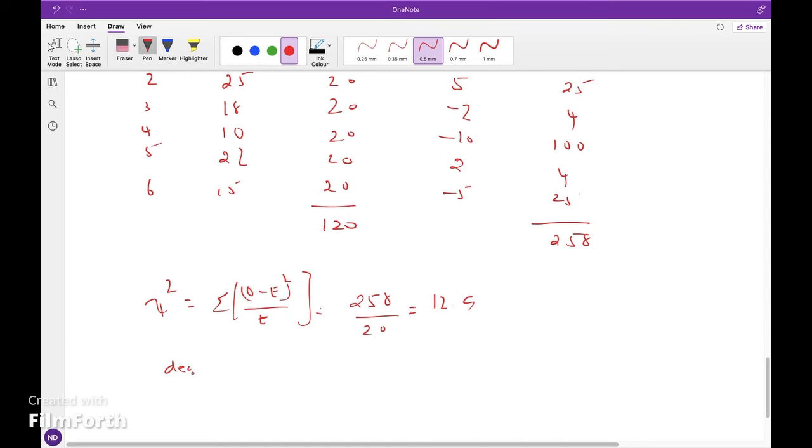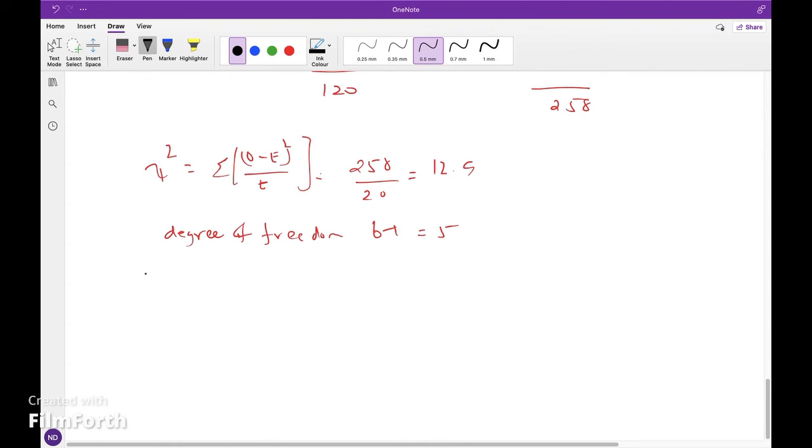The degrees of freedom are 6 minus 1, 5. The table value of chi squared for 5 degrees of freedom is 11.07.